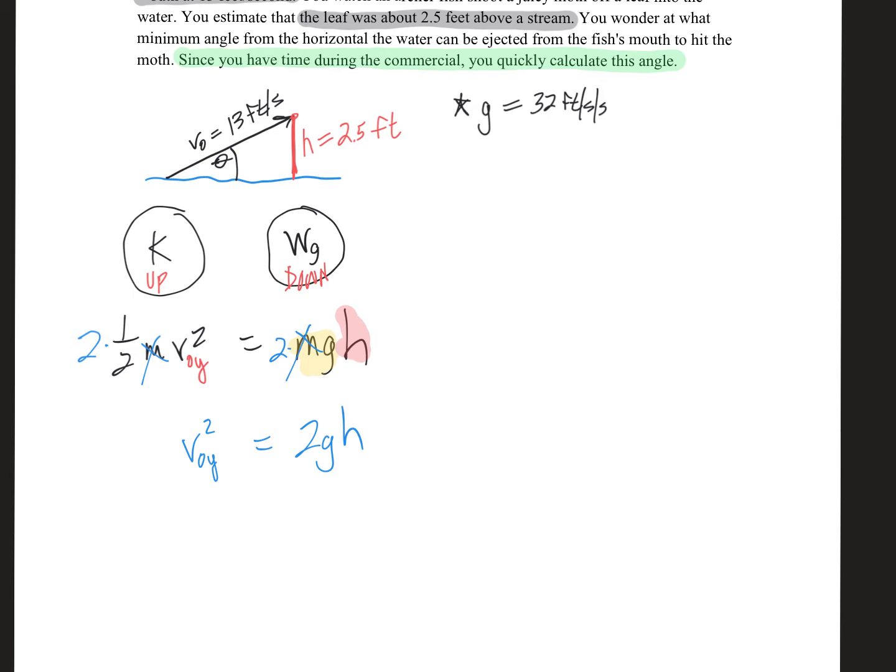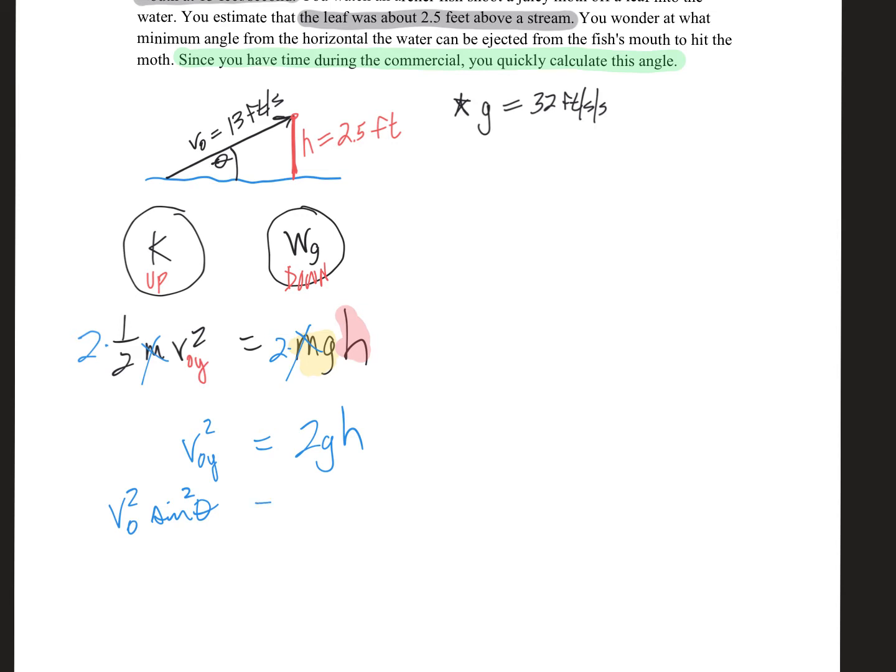That's nice. Well, v naught y squared, what is that? That would just be v naught squared times sine squared theta, because v naught y would be v naught sine theta, and that thing squared would be those two factors squared.